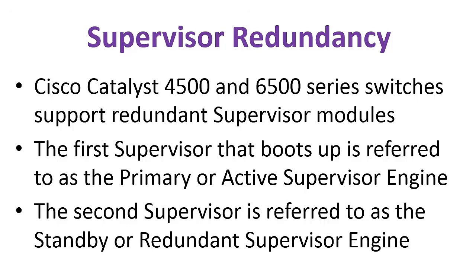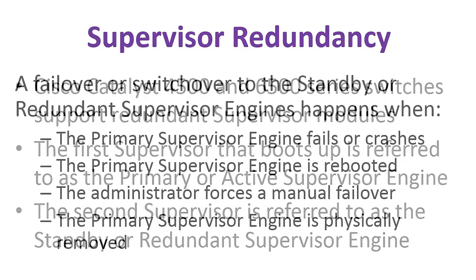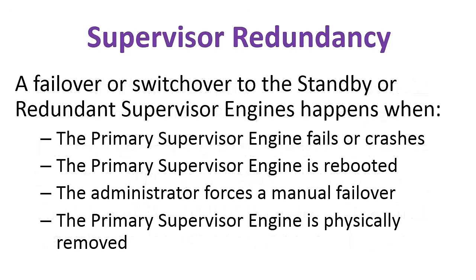Now, a failover or switchover to the standby or redundant supervisor engine happens when the primary supervisor engine fails or crashes, when it's rebooted, when an administrator actually forces a failover, or if the supervisor is physically removed, there's going to be a failover.